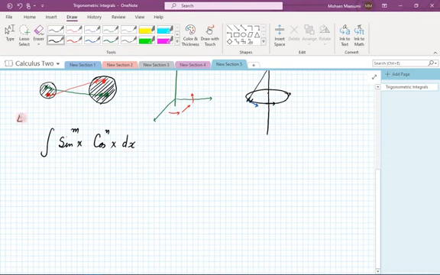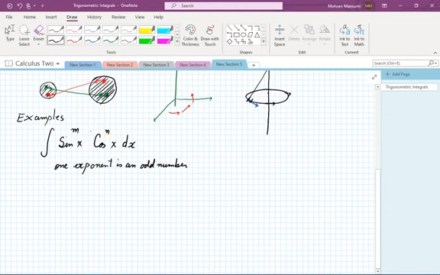So let's do a few examples so that we see various considerations that are important here. One is, if one of your exponents is an odd number. Sometimes maybe both of them are odd numbers.